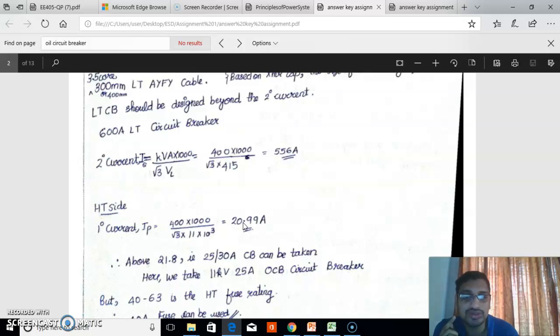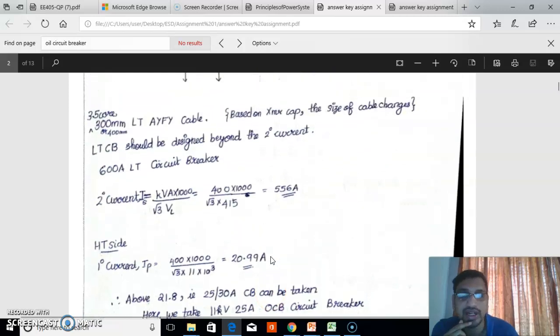So we should install a primary side circuit breaker above 21 ampere, or 20.99 ampere. You can choose a 25 or 30 ampere circuit breaker on the primary side.